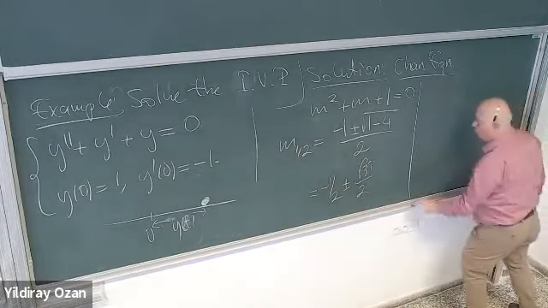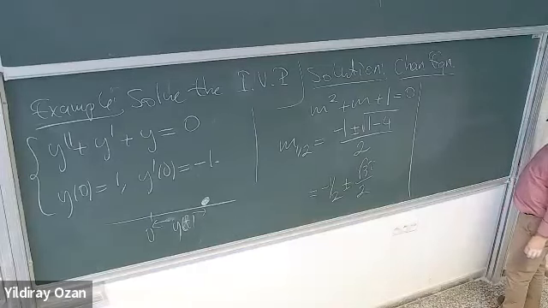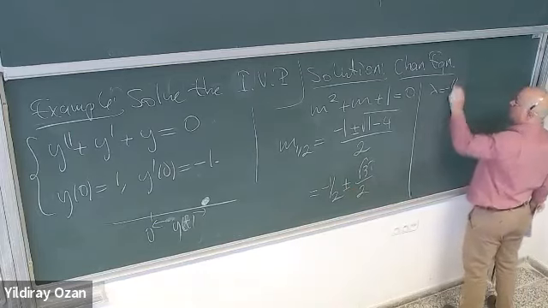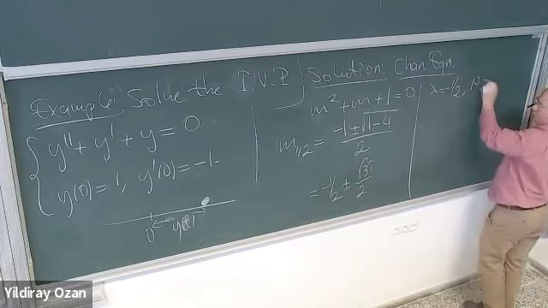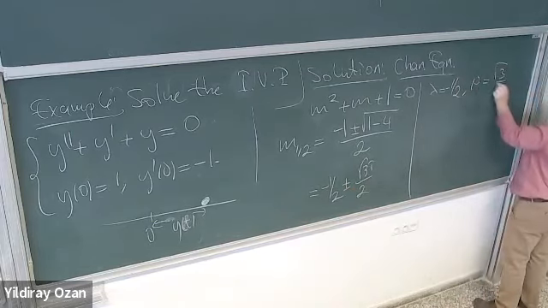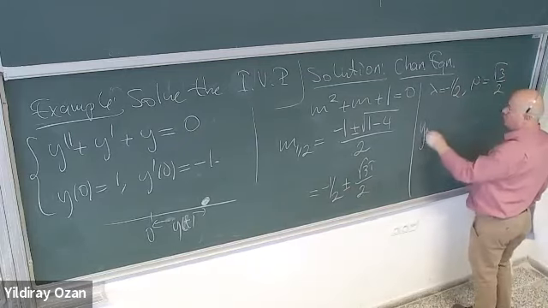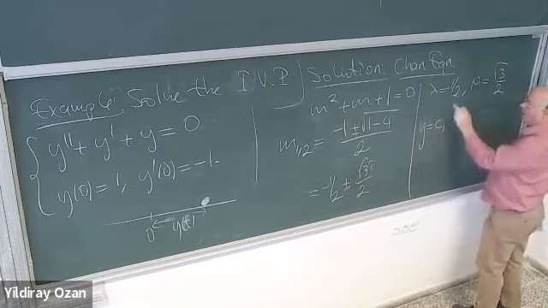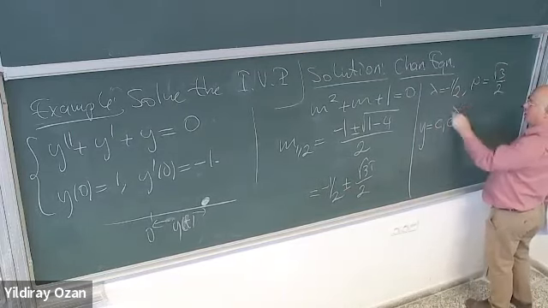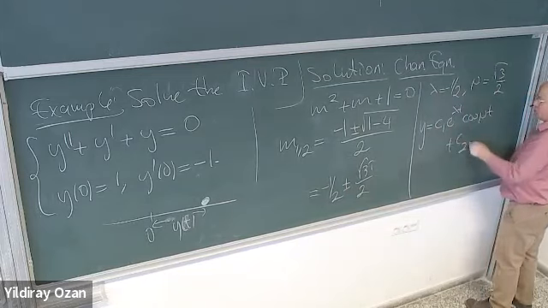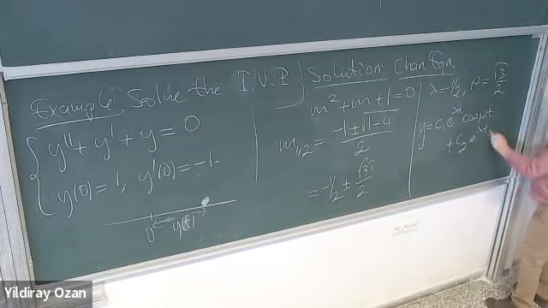So this is our lambda, and mu is just this. Therefore, the solution is C1 times e to the power lambda t cosine mu t plus C2 e to the power lambda t sine mu t.